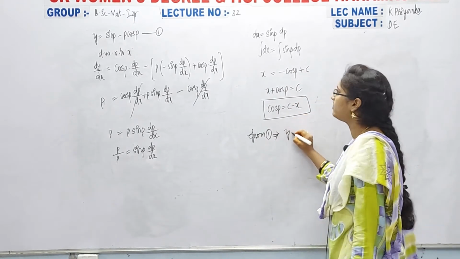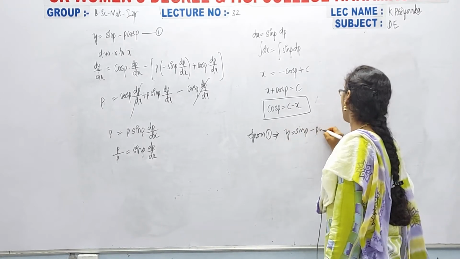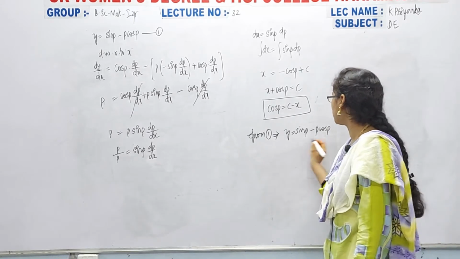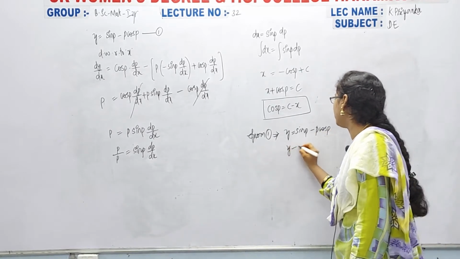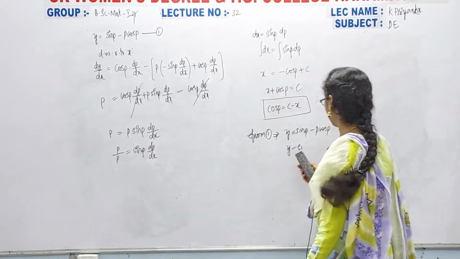So now here, y equal to sin p minus p cos p. I am taking directly y minus sin p.